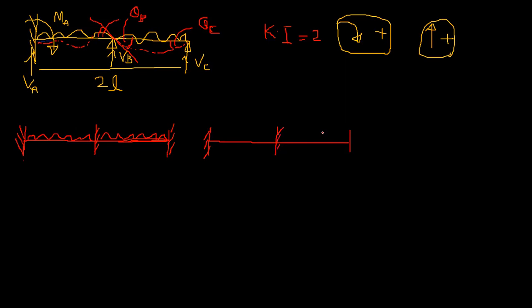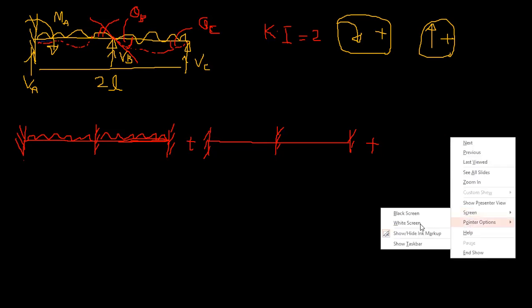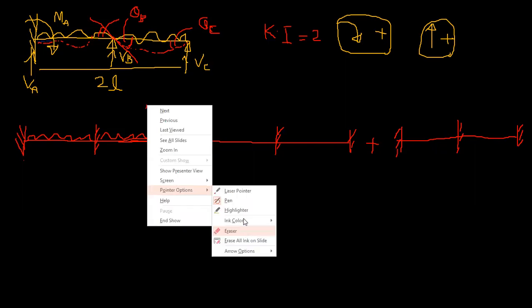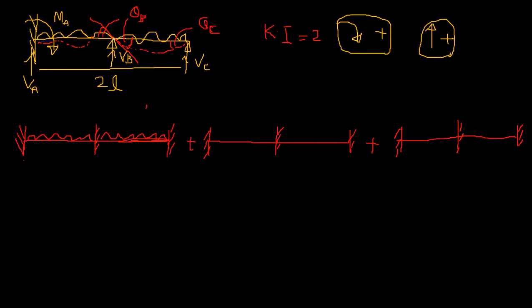So in here, I'm restraining this theta B and theta C. How?